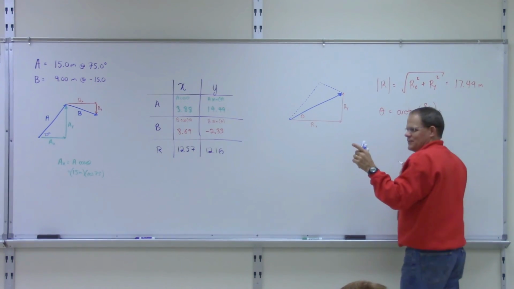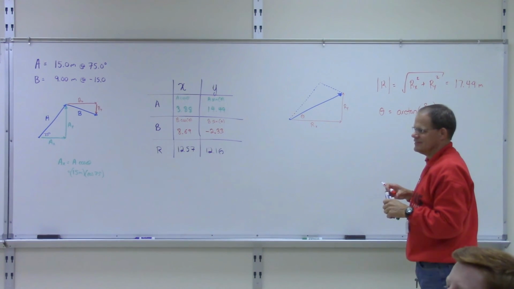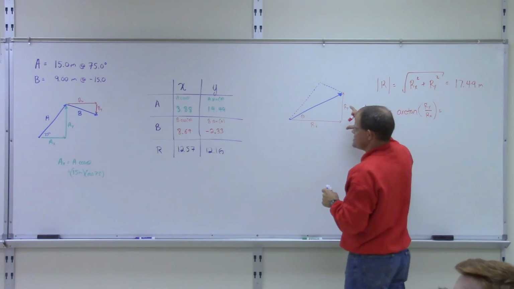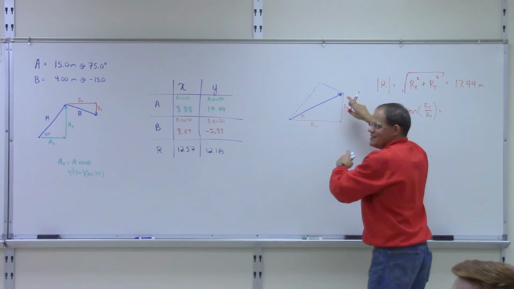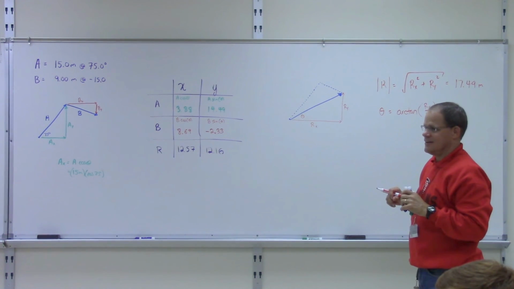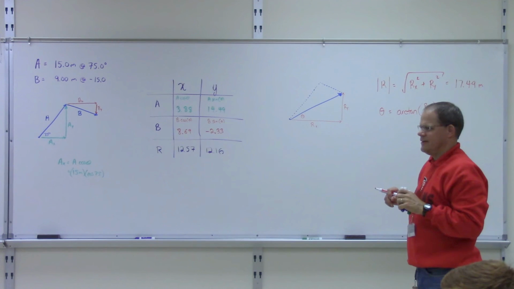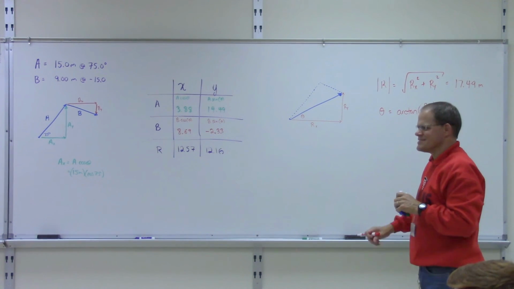All right, Grant, what's that angle going to be close to? This is about 12 and a half. That's about 45 degrees. It's going to be close to 45. Is it going to be a little bigger or a little less? A little less. Why? Because you're looking at the answer and it's 44, less than 45?